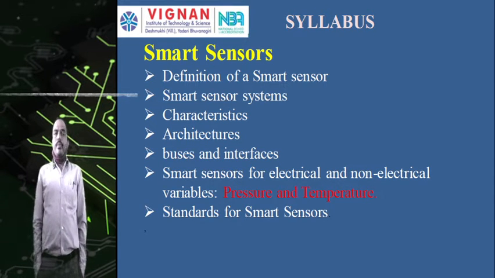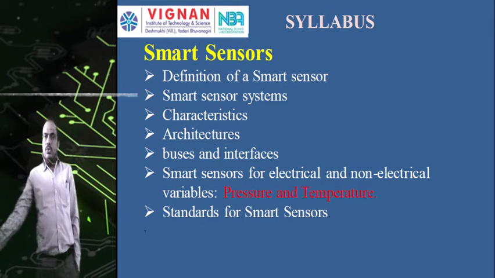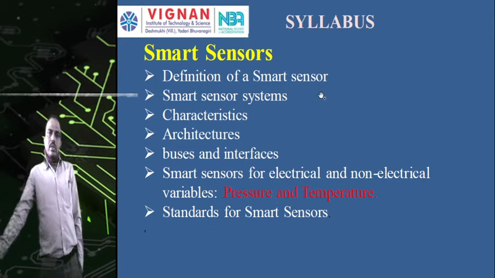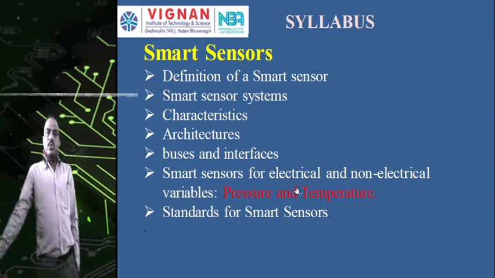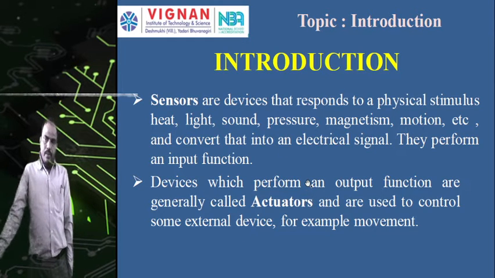In smart sensors, first we'll discuss the definition of smart sensor, what a smart sensor system is, its characteristics, architecture and various buses and interfaces, and the smart sensors used for electrical as well as non-electrical variables, for example pressure and temperature, and various standards used in smart sensors.